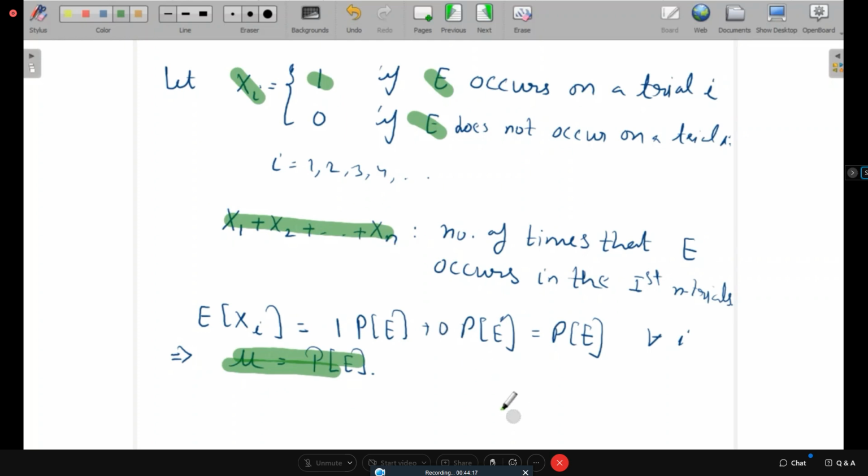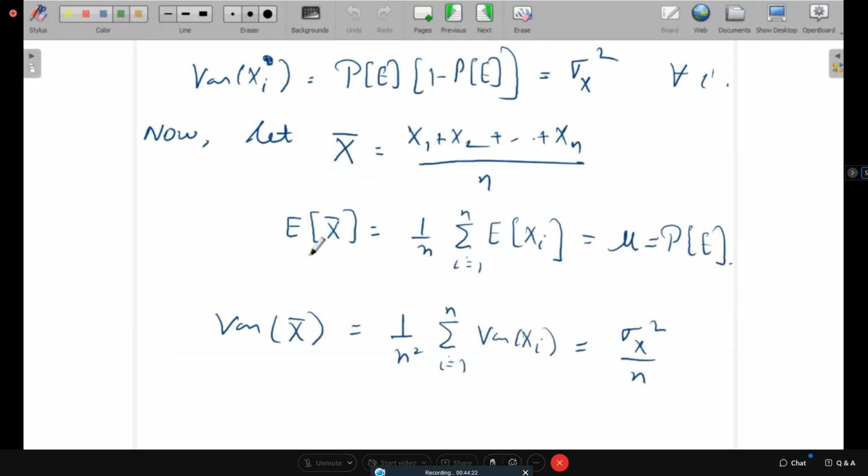It is probability of A times 1 minus probability of A, if you recall. So probability of E times 1 minus probability of E gives you the variance for each i. Now let us define X bar as the sum of the n random variables X1 to Xn divided by n.